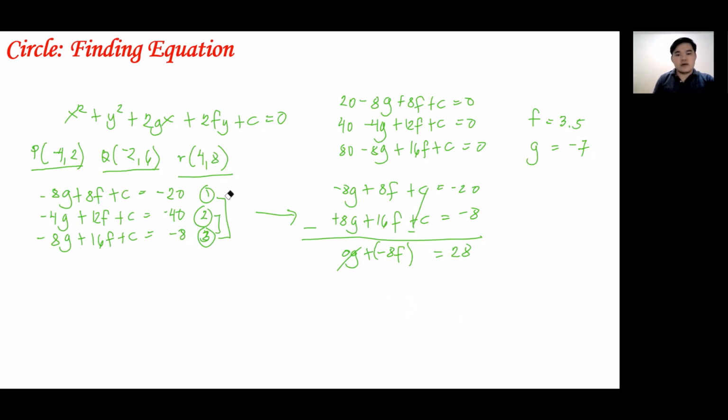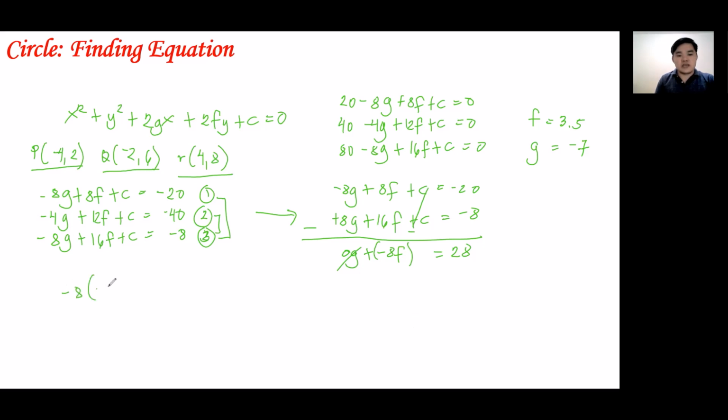Okay, so let me annotate again. So this one now we're going to use what? We're going to use, I think, equation number 3. I think it's much easier, or equation number 1. So either of the 3. Okay, so we're going to get equation number 1.